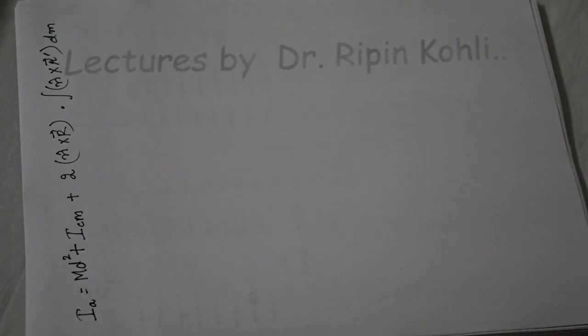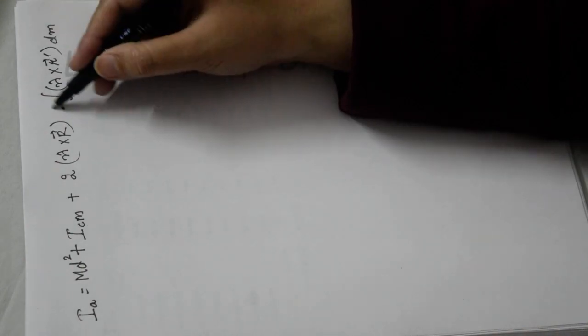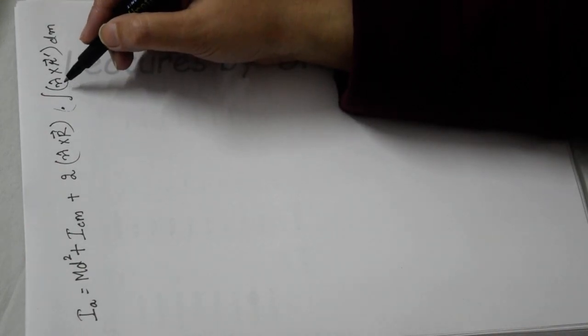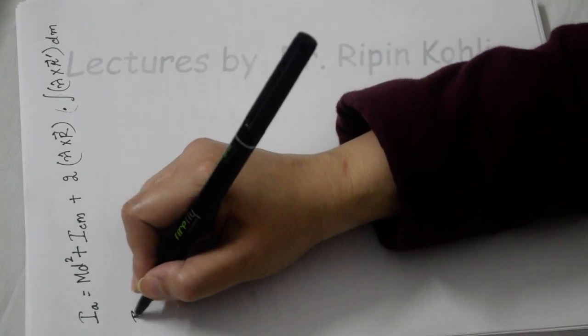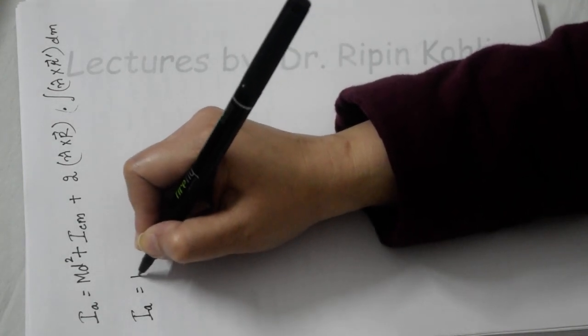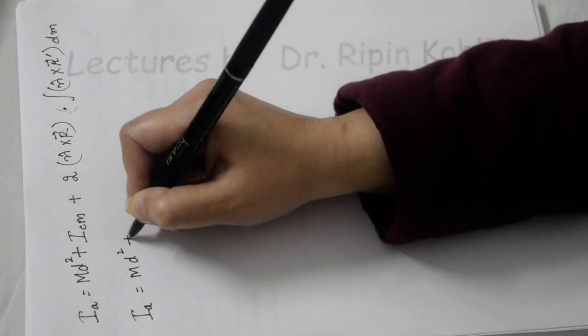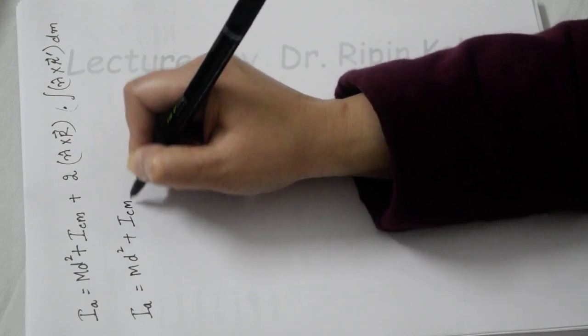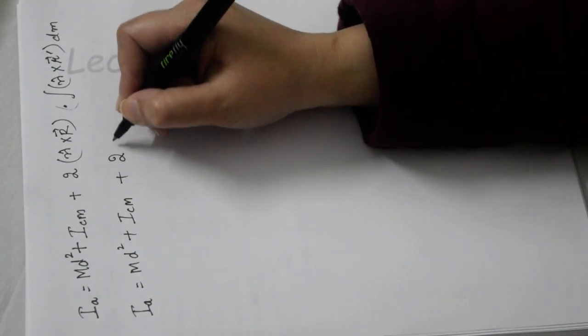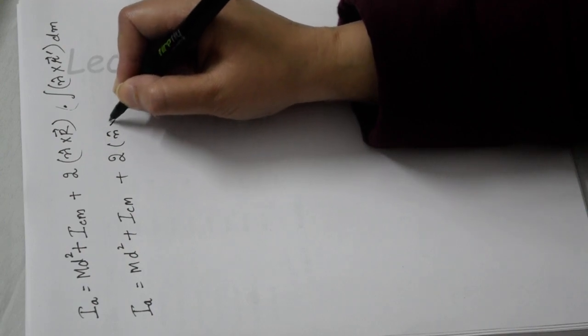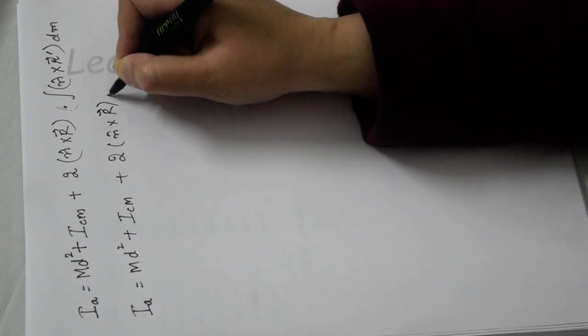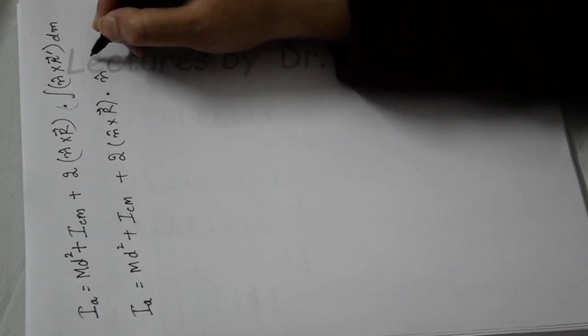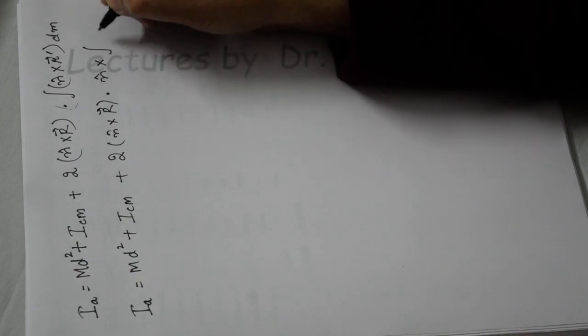So further, if I see this term, here n cap is only in one direction, I can write Ia is equal to m d square plus ICM plus twice n cap cross r dot n cap cross r dash dm.